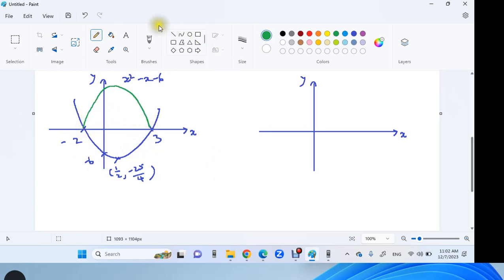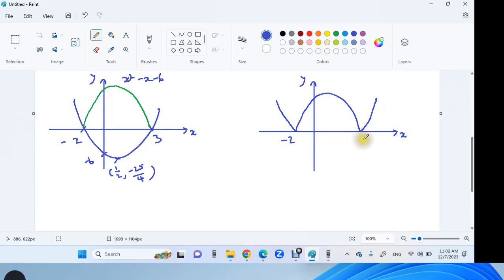So we will have something like this, and then this. So it looks like this and this.